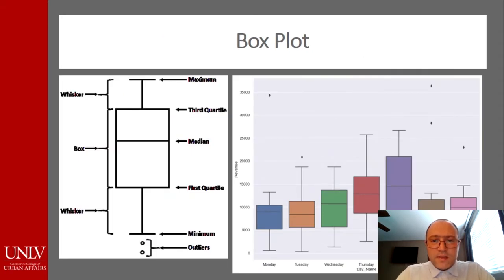The next case is the box plot. To read the box plot, we need to focus on each element of the box plot. For example, here you can see the maximum on the top and the minimum on the bottom. Outside the minimum or maximum are outliers.